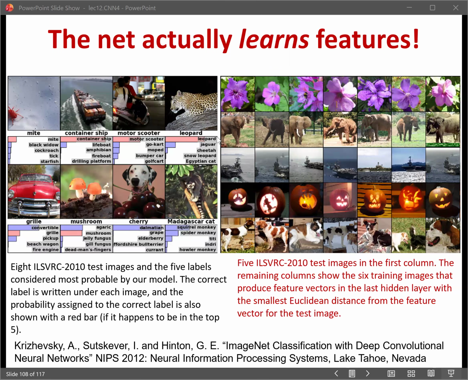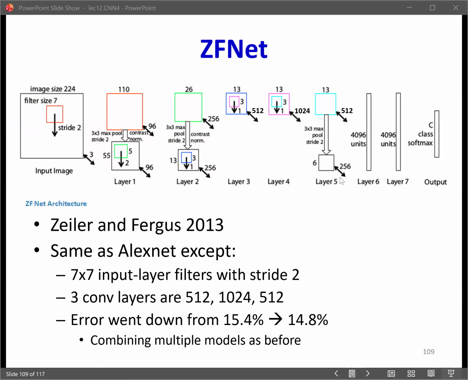When they use an example of an elephant, the other images they retrieve are elephants. For a ship, they're ships. For this Halloween lantern, all the other images they retrieved were also Halloween lanterns. So they showed that the network actually learns semantically meaningful features of the data, which is pretty amazing, right?